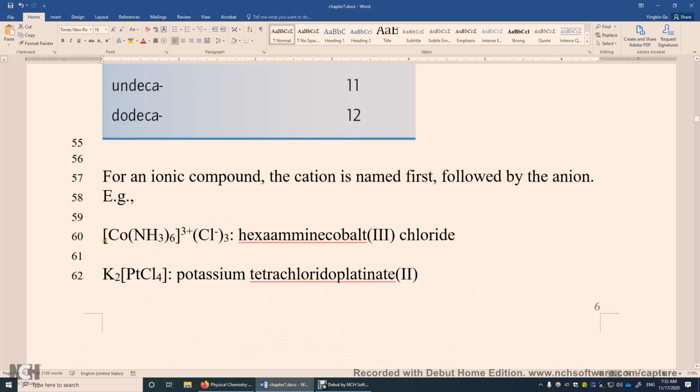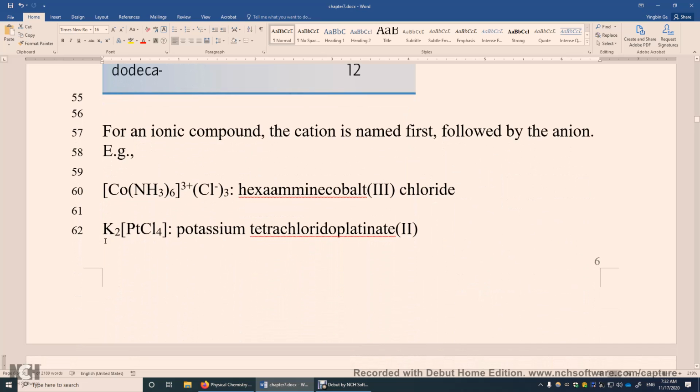Now let's look at the name of some ionic compounds. We usually name the cation first, followed by the anion. A simple example is sodium chloride. Sodium first, chloride second.